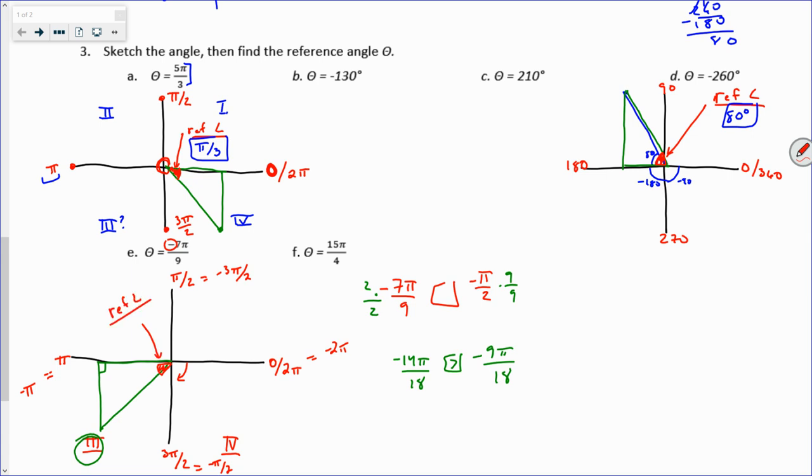And my reference angle, let's get there. So let's imagine I want to travel a full negative pi. So from 0 all the way through to here, but instead I only made it to negative 7 pi over 9, and let's see how much I have left. So negative pi minus negative 7 pi over 9.